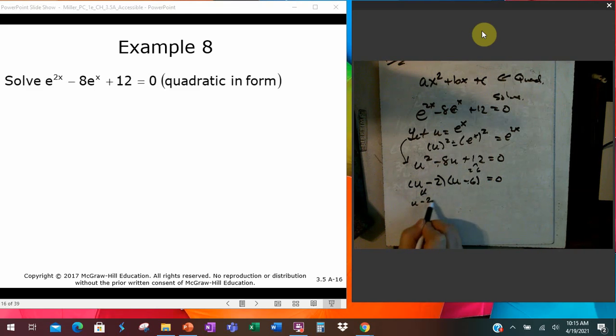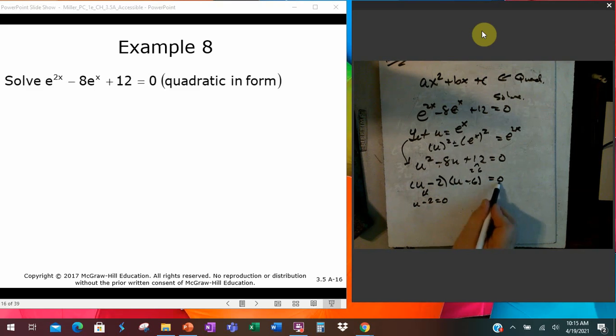U minus 2 is equal to 0. The only way these two things are going to be equal to 0 is if either one of these is equal to 0. So u is equal to 2 or u is equal to 6. But now I've got to remember that u was e to the x. So e to the x is equal to 2 or e to the x is equal to 6.